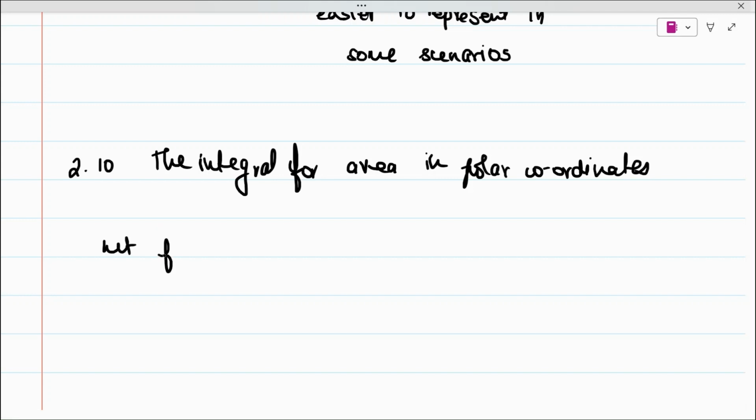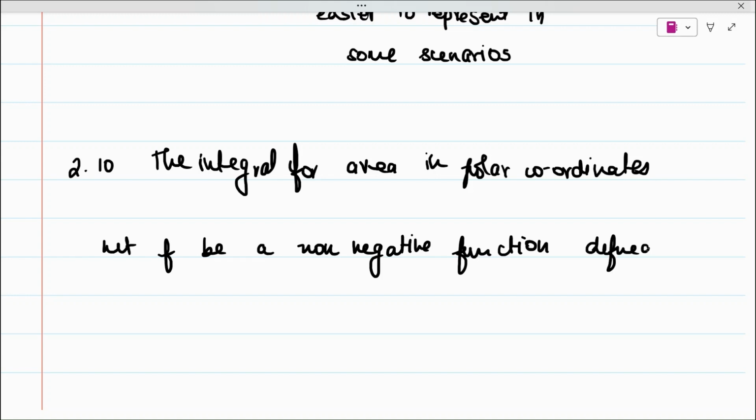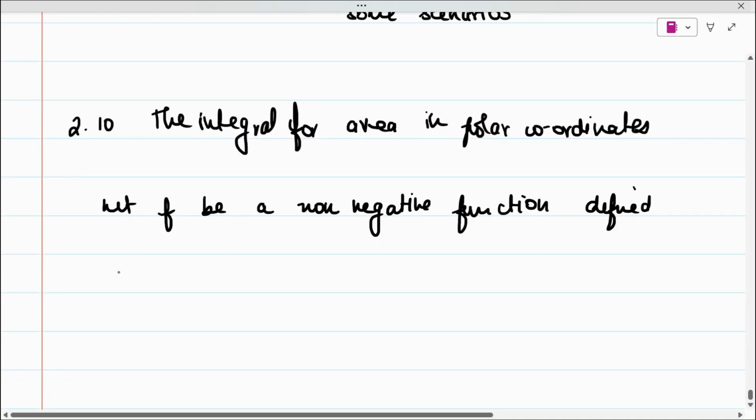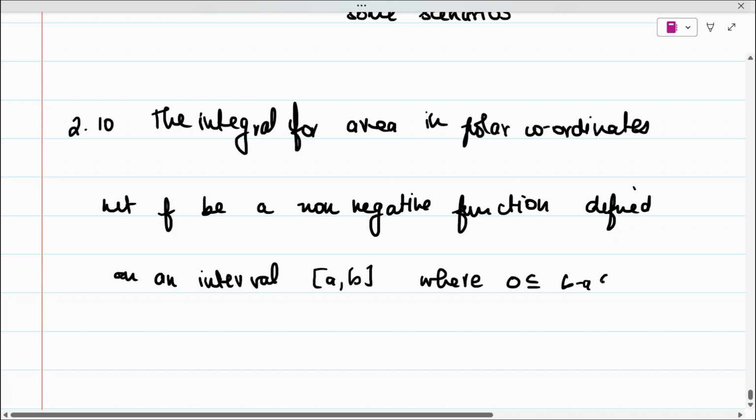So let f be a non-negative function defined on an interval. This is actually kind of important. Defined on an interval [a, b], where 0 ≤ b − a ≤ 2π.